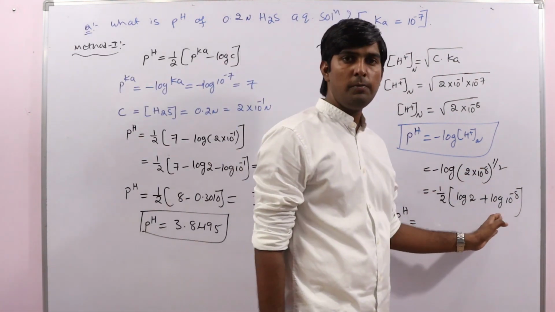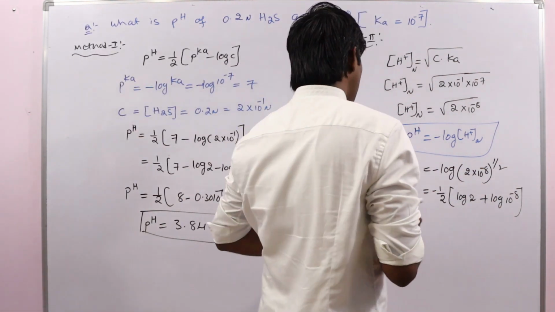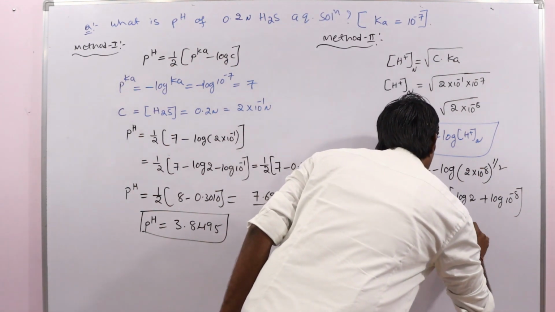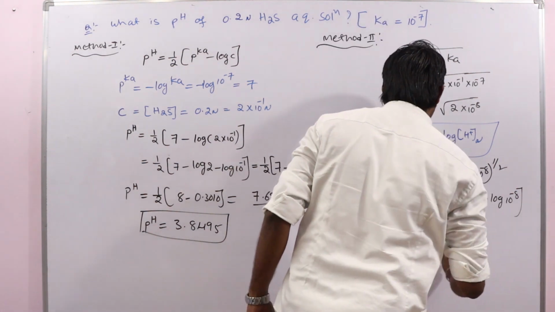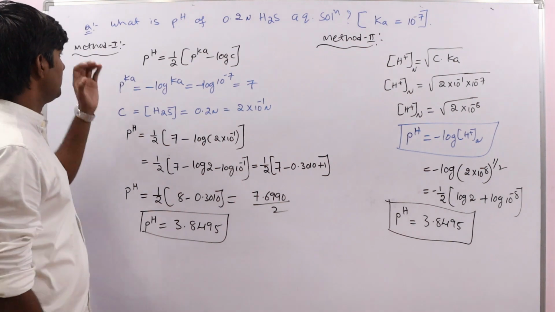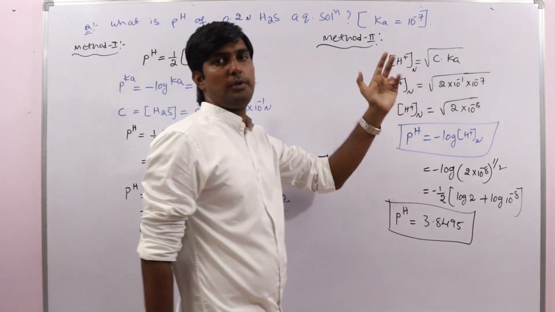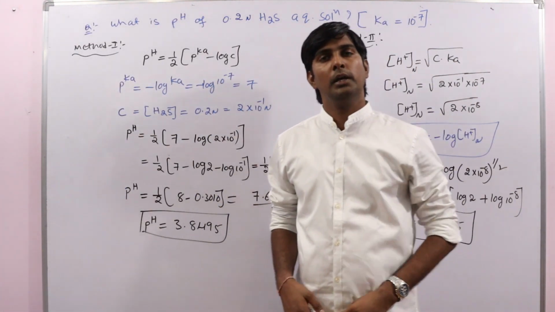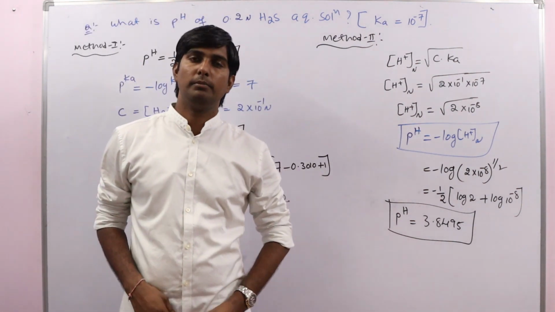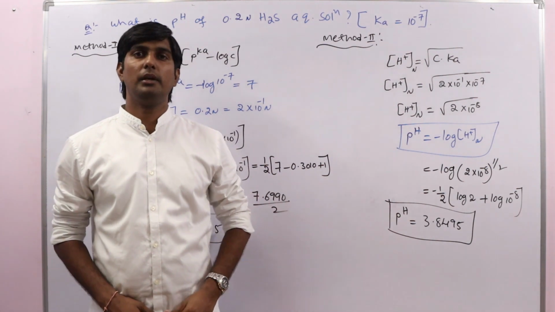Minus into minus becomes plus, so overall we get pH is equal to 3.8495. Whatever method you follow, we get the same result. So you can use this method or that method, your wish. In the next lecture we discuss some other important problems from acids and bases. Okay, thank you.